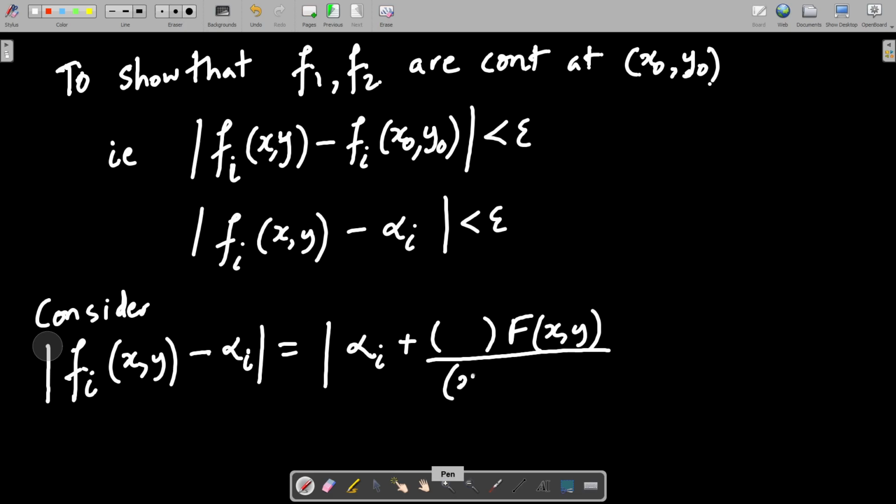The denominator is the same for both of them: x minus x naught the whole square plus y minus y naught the whole square.